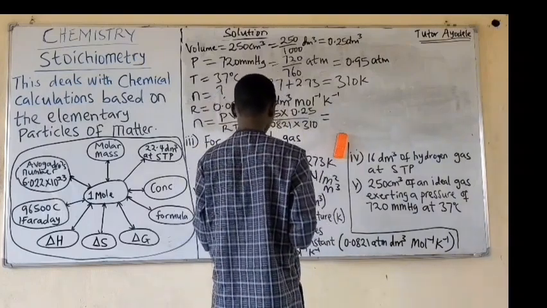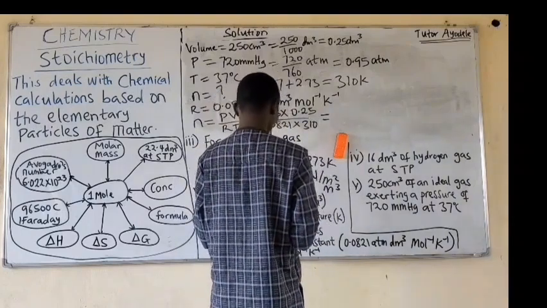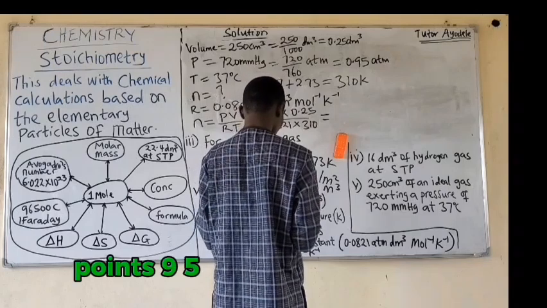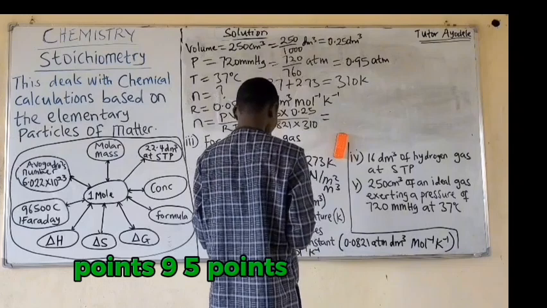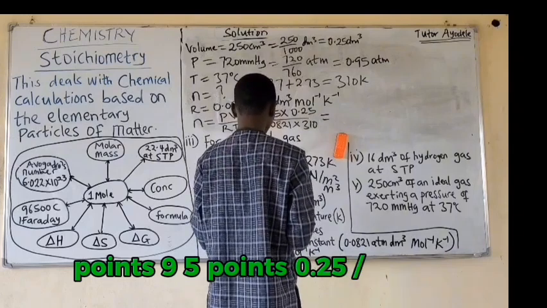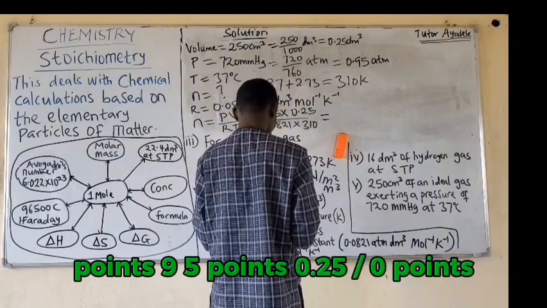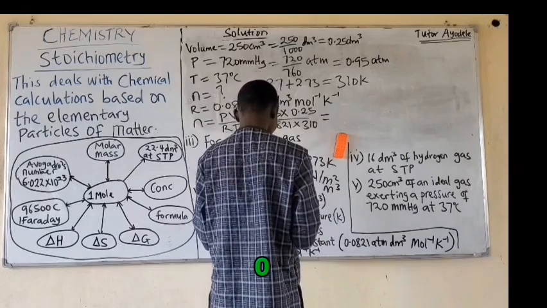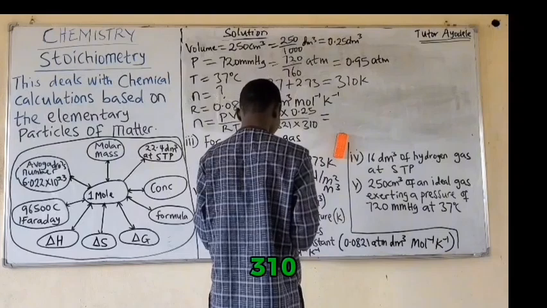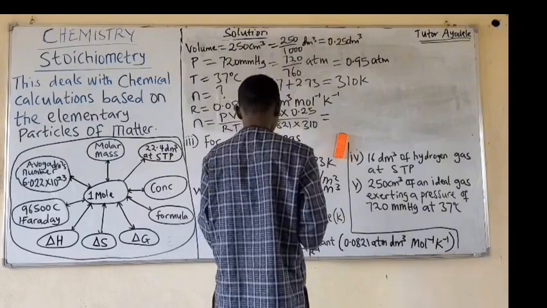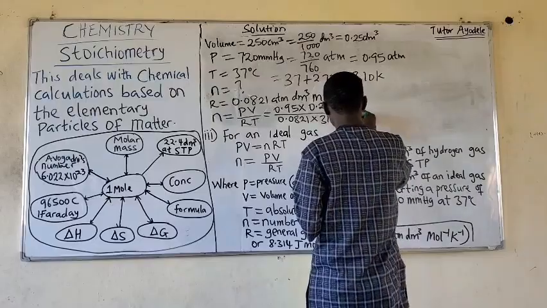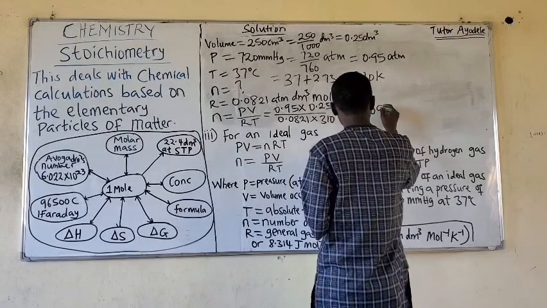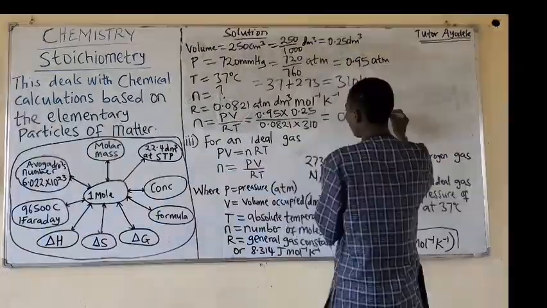If you punch this in your calculator, 0.95 times 0.25 divided by 0.0821 times 310, that gives us 0.0093 mole.